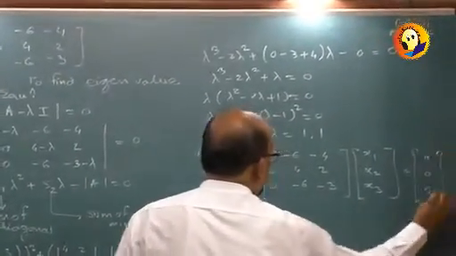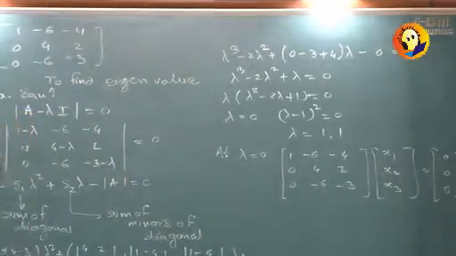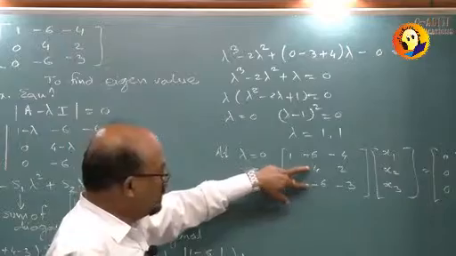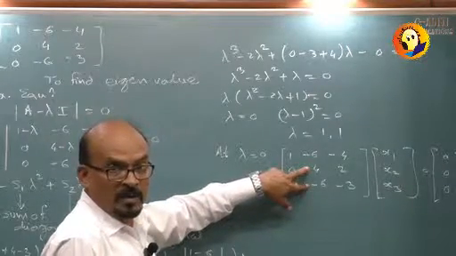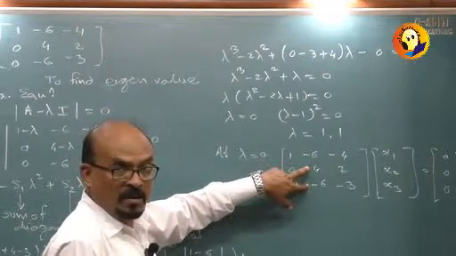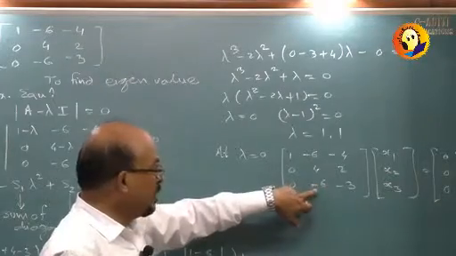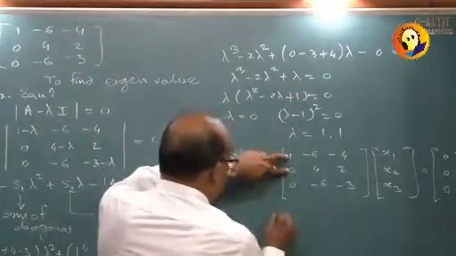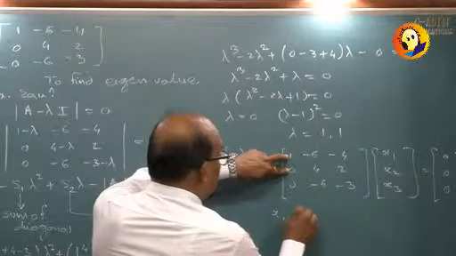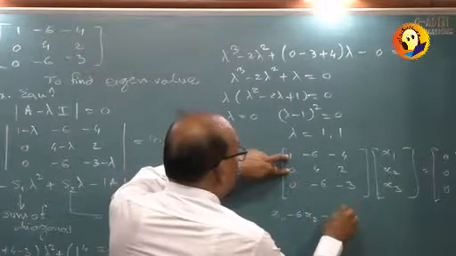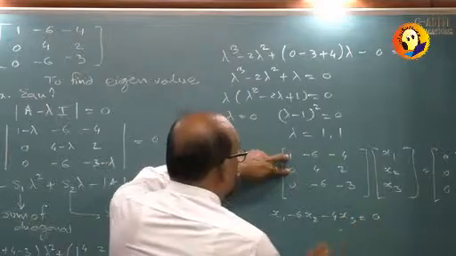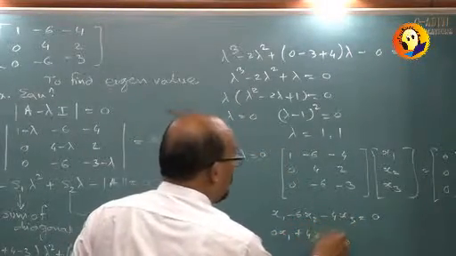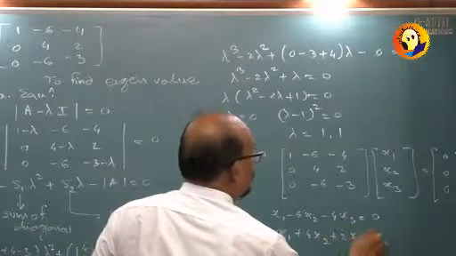That is how we proceed, and we are supposed to take two equations. You observe that these two equations are just the same, right? If you take 2 common and minus 3 common from here, they are same, so we are not interested in them. We take the first two, so it is x1 minus 6x2 minus 4x3 equal to 0, and 0x1 plus 4x2 plus 2x3 equal to 0.